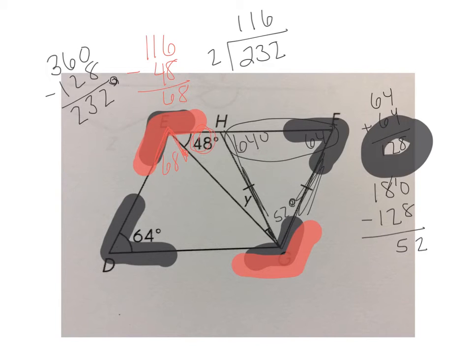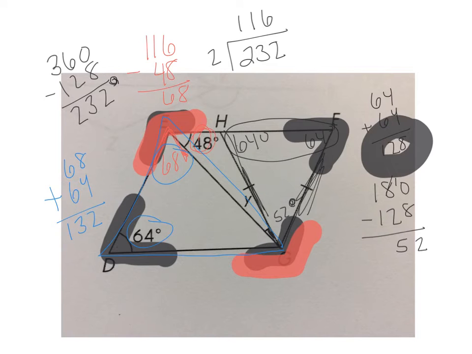Now, I can see that I have, I'm going to do a new color, triangle GDE, that's a triangle there, is going to equal 180 degrees. I have 68 of it and 64 of it. If I take my 68 plus my 64, I get 132.